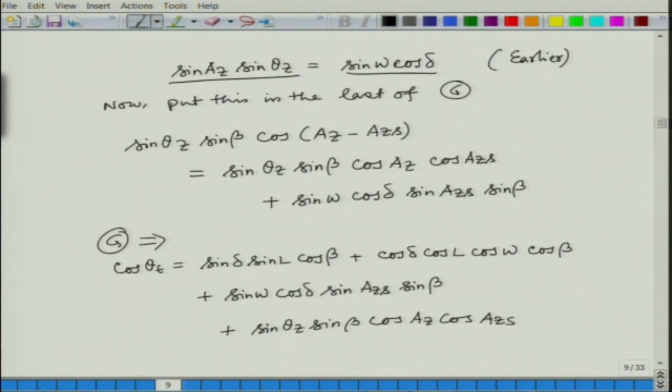Okay. So, a pretty long expression, but let us name this expression H.